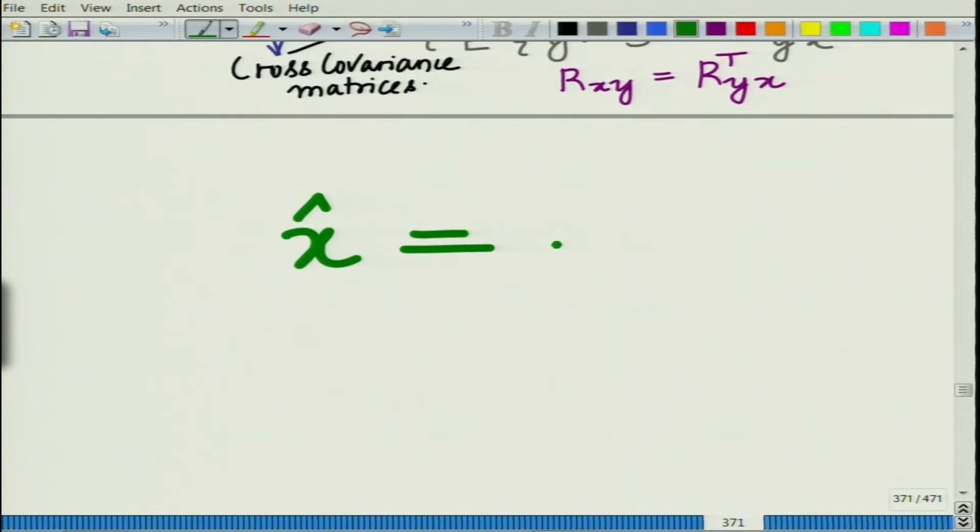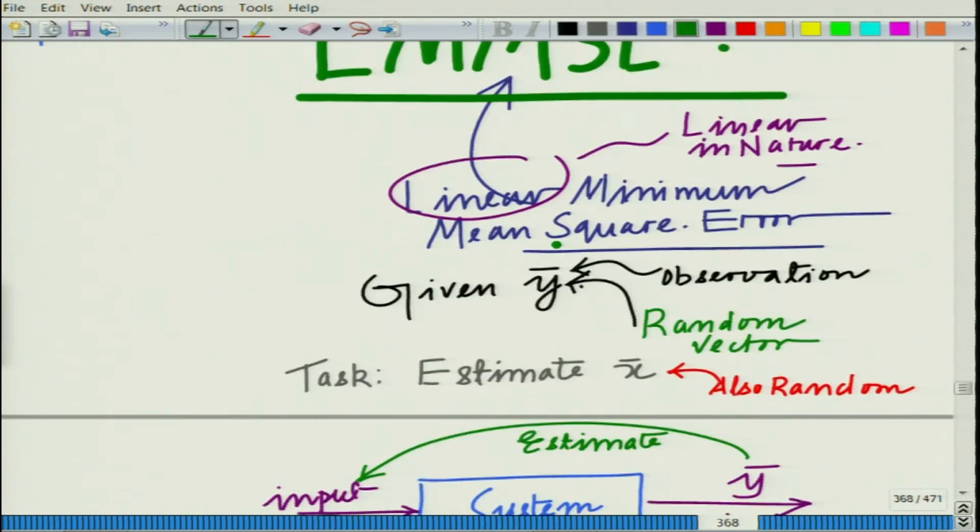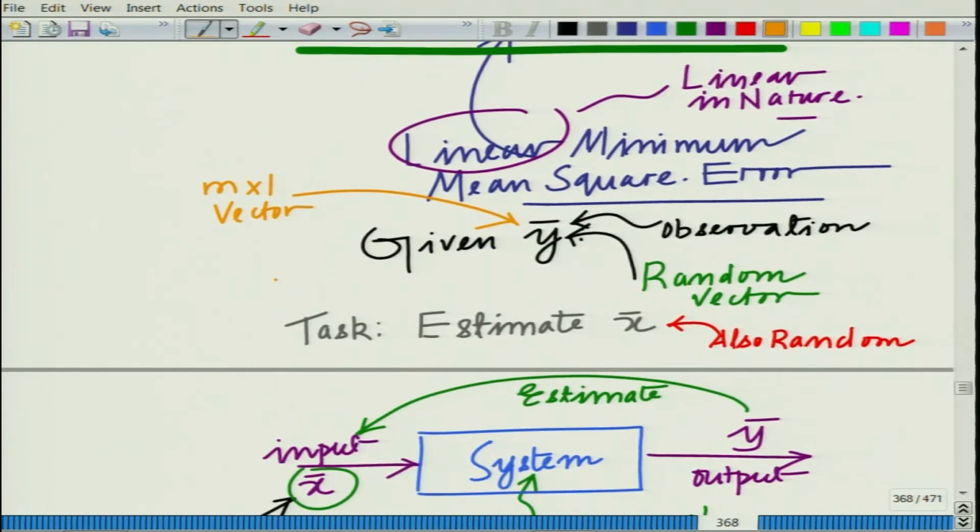Just to give these dimensions, let us assume that y bar is an m cross 1 vector, and x bar is an n cross 1 vector.